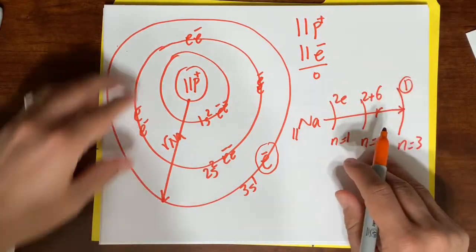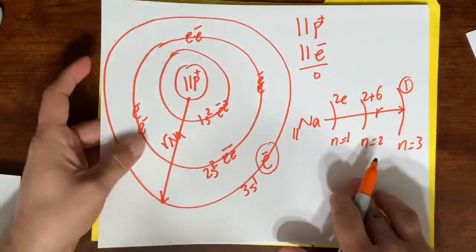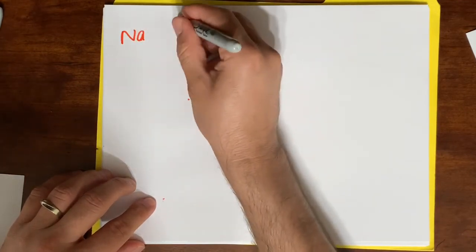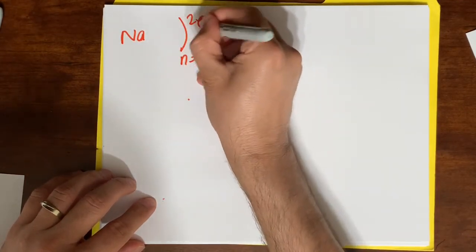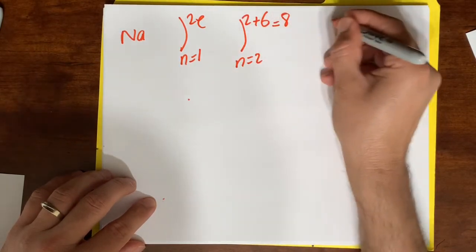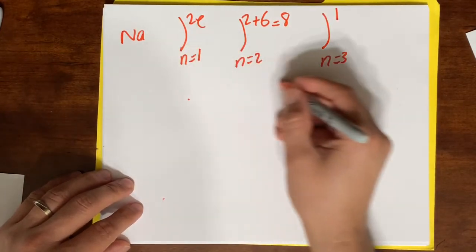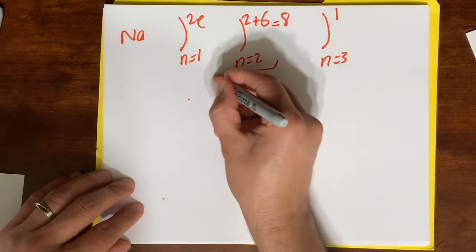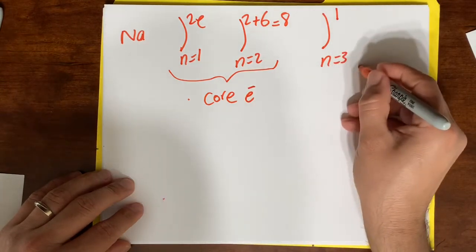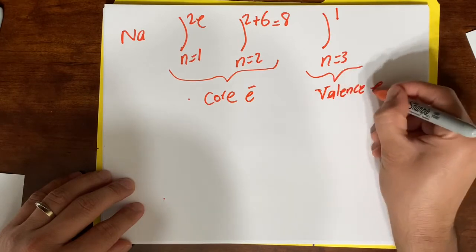So let's take 1 electron from it. You go with sodium: 1s, 2 electrons, and 2 plus 6, 8, and 3s, just 1. Those are the core electrons. This one is the valence electron.